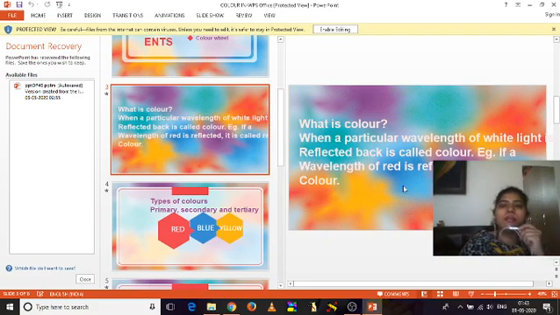That means that if there is a thing or a surface of a particular color, then when white light, that is natural light coming from the atmosphere, is reflected back from that thing or surface, it means that it is that color.